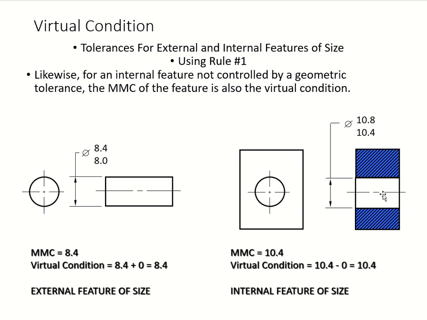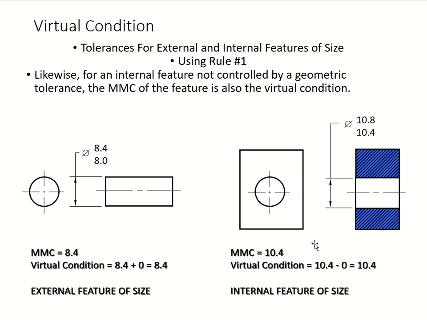Internal, inside, we have a feature which is this, we have a size which is that, we have an MMC which is this, the max, because this is internal, so 10.4 is your MMC. Why? Because you have to leave the most material, which is these, so therefore your hole has got to be the least, so you will have the most material on that part.